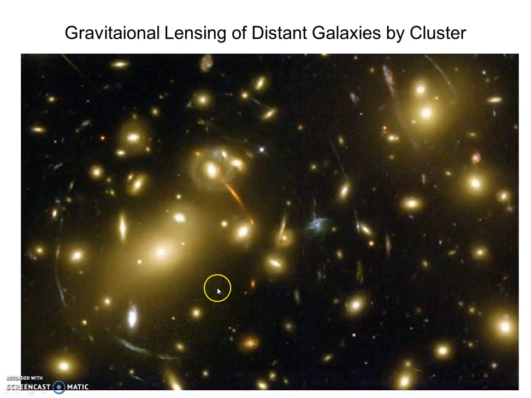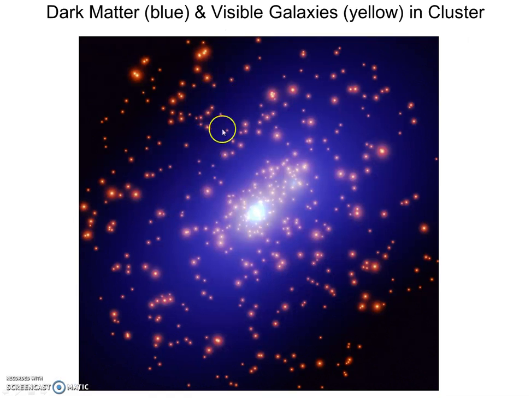Okay. Now, if we work backwards and see how much missing matter, how much dark matter we need to make this kind of distortion happen, we can actually map out the dark matter. This is an image where the yellowish dots represent the position of galaxies in a foreground cluster, and that is gravitationally lensing galaxies in the background cluster.